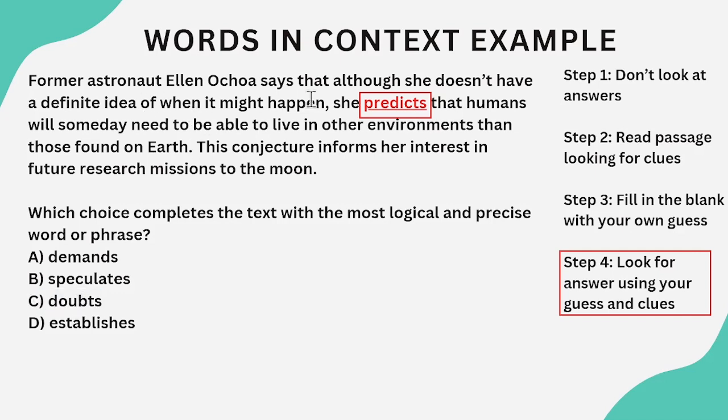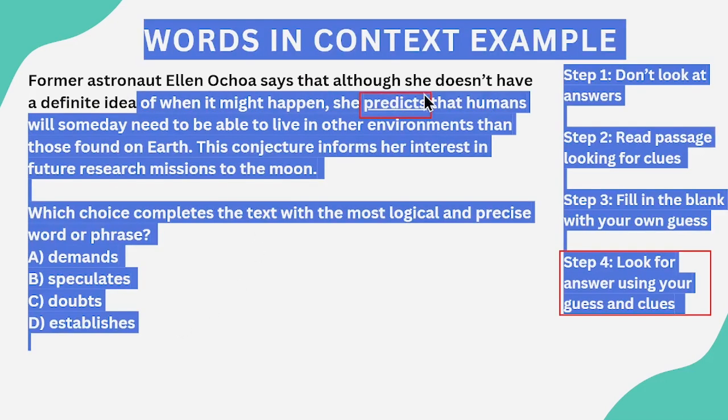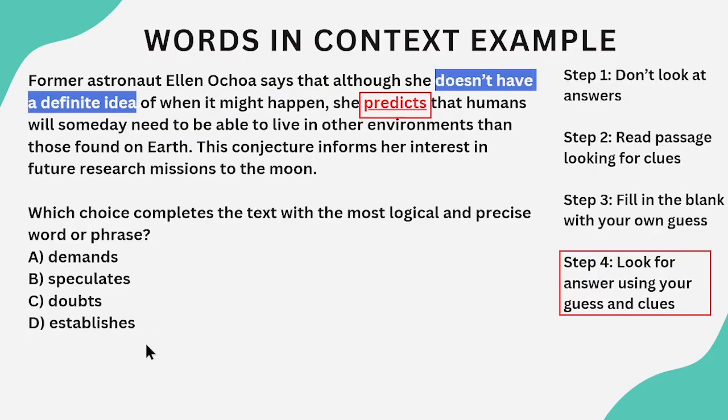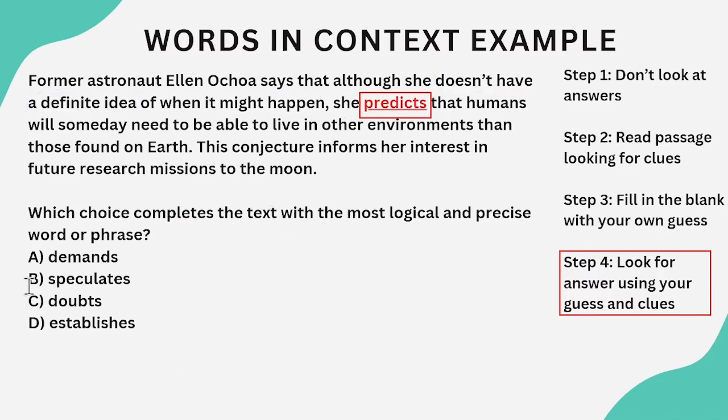So once again, it doesn't seem like she's doubting it, because although she doesn't have a definite idea when it might happen, it seems that she does think it's going to happen at some point. D, establishes. Once again, she doesn't have a definite idea, so it's not going to be establishes. So, speculates seems like the best answer out of these 4.